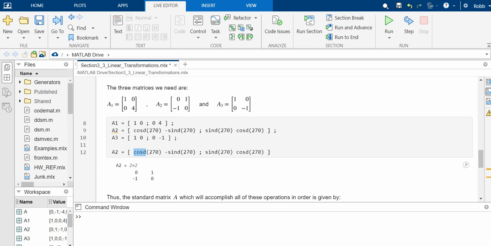So I get the option of using a slightly different function, and then I don't have to convert the degrees to radians. This isn't a trigonometry course, but that's where we're using sine D, cos D. And we get this nice transformation. Our A2 transformation is 0, 1, negative 1, 0. Okay, so that seems cool.